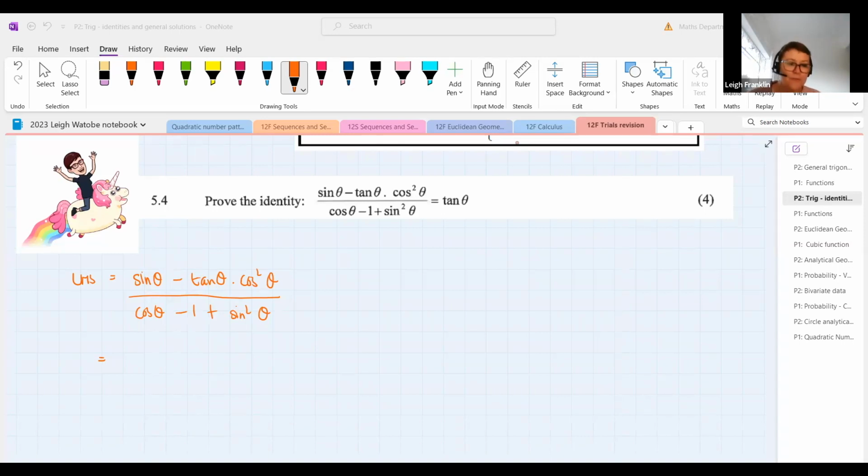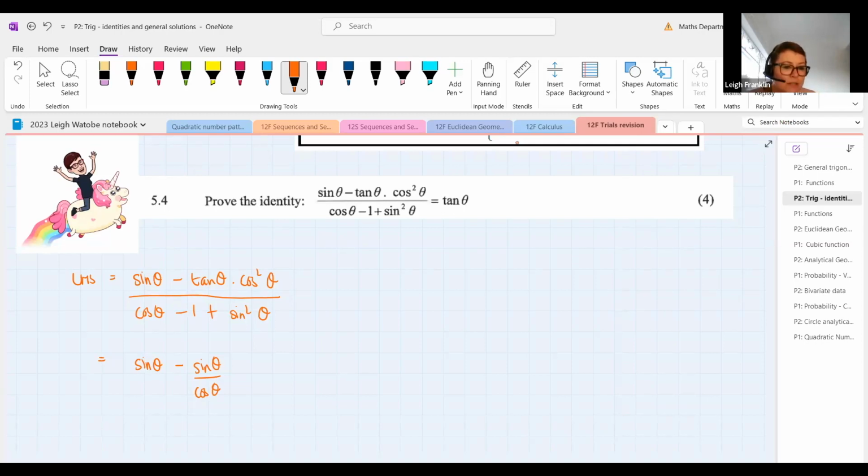An important thing for you to do when you're working in a numerator, and now you've got another denominator and another numerator, like you'll have when you change tan theta, is to set it out in such a way that you can clearly see what's in the numerator and what's in the denominator. So you've got sine theta minus sine theta over cos theta. Now you can clearly see both sine thetas are in the numerator.